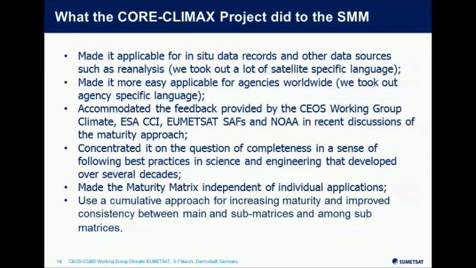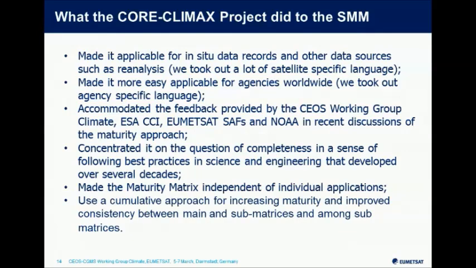And then we had a lot of interactions with data developers in Europe and worldwide, so that's ESA CCI, EUMETSAT satellite application facilities, NOAA, the USGCRP and so on. We got a lot of comments and feedback, and we incorporated that and made it more mature. Then we concentrated it on questions of completeness in the sense of following best practices in science and engineering, developed over several decades.